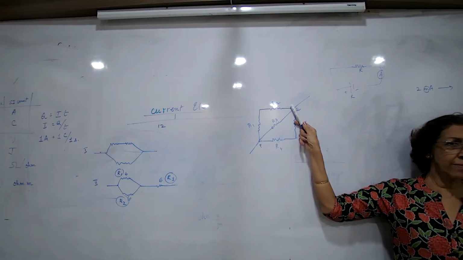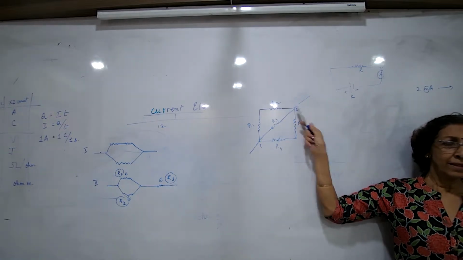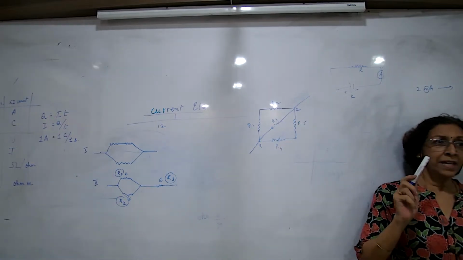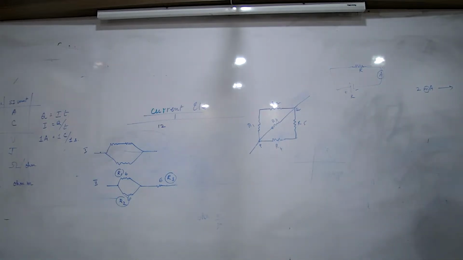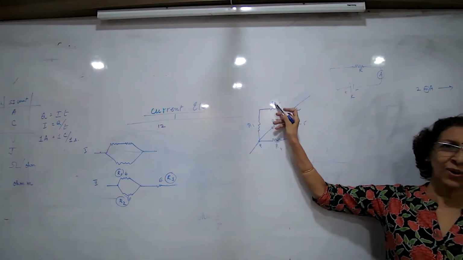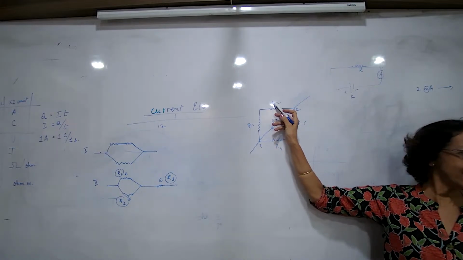Objective type questions, MCQ. In a series connection, the effective resistance will be more, less, or the same? More. You have an option of I don't know, you can pick a mark. More. Obviously, 6 plus 6 is more. So effective resistance is definitely more.